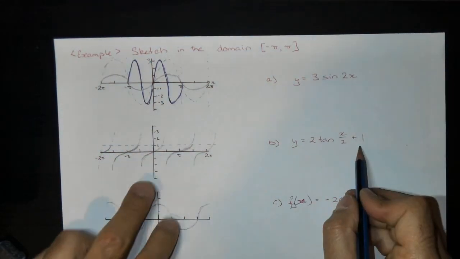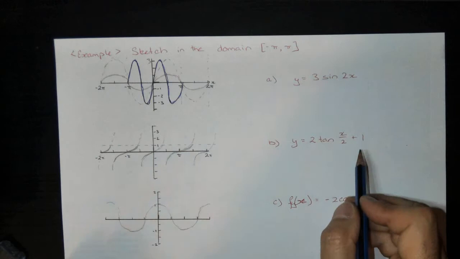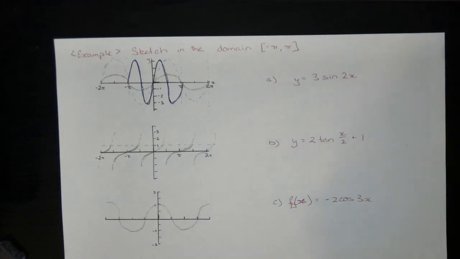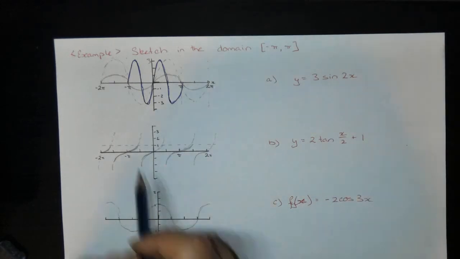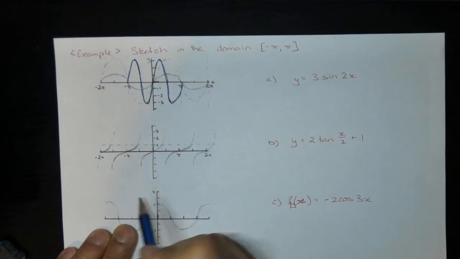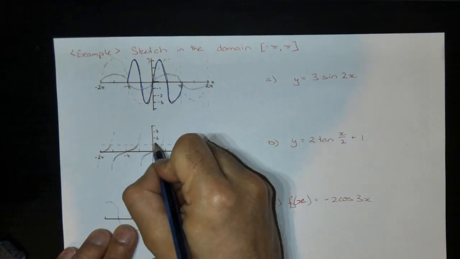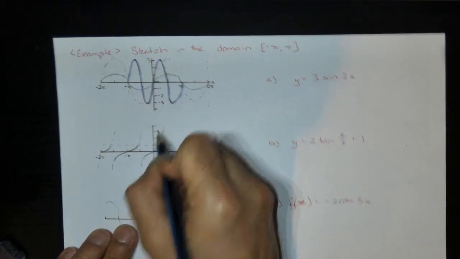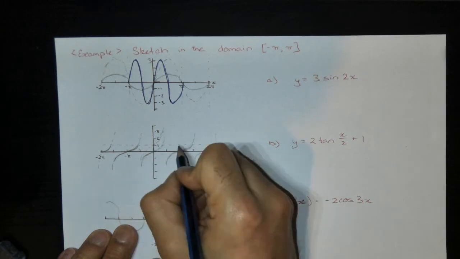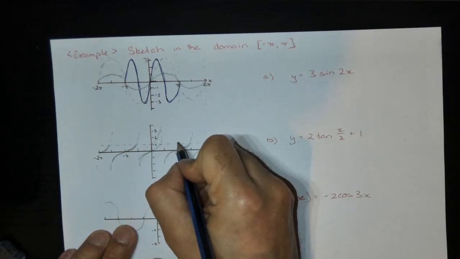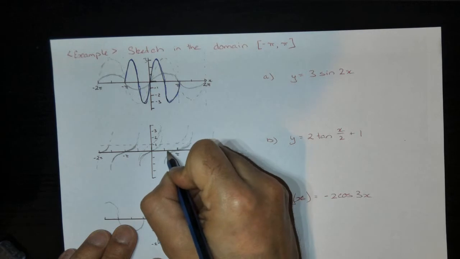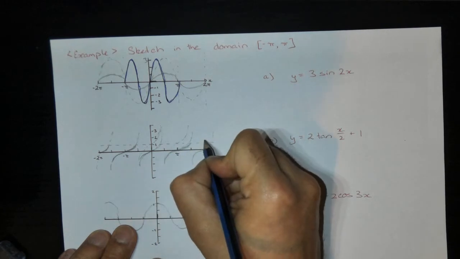It definitely translates the function up by 1, which is why I have my center now here at 1.